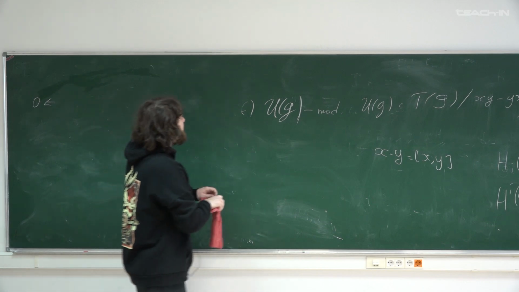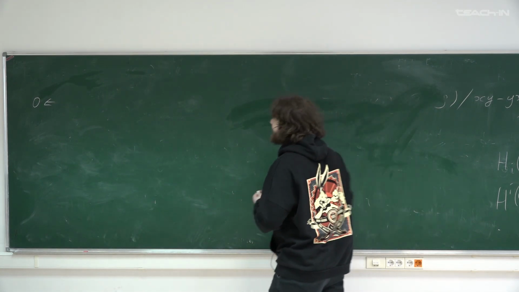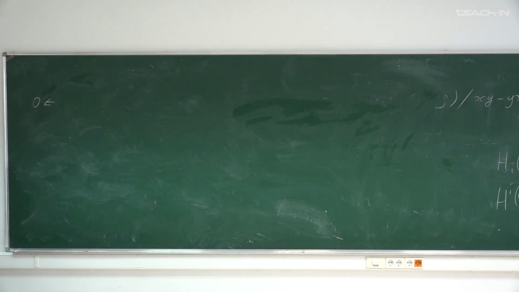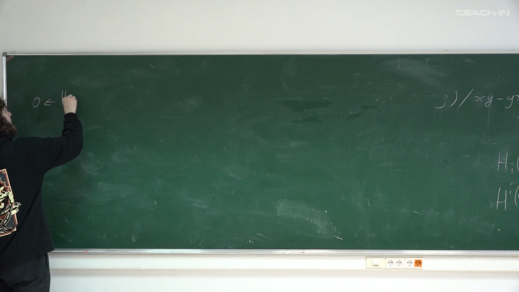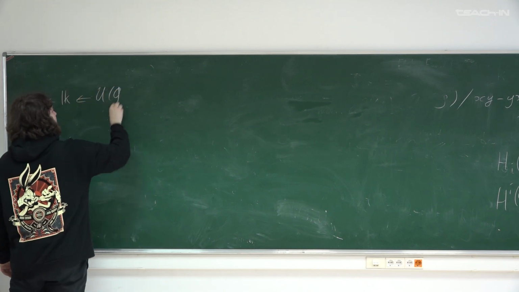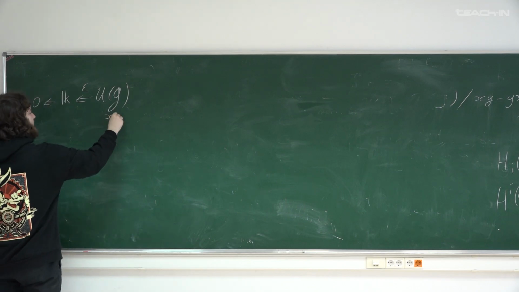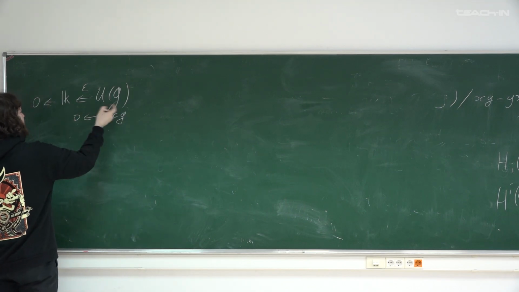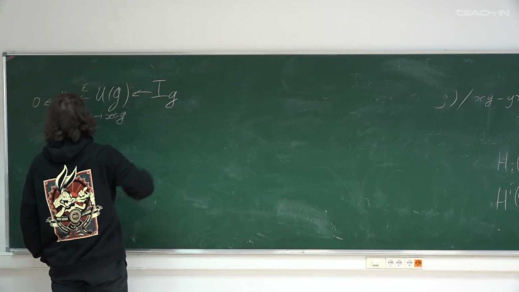We need to construct some projective or free resolution of the trivial module K over the universal enveloping algebra, and it always starts from the augmentation, which sends x from G to 0 and unit to unit. It has a kernel, which is by definition the augmentation ideal.